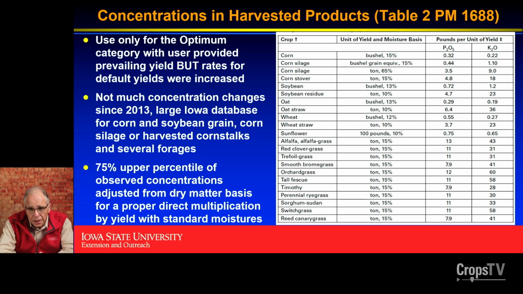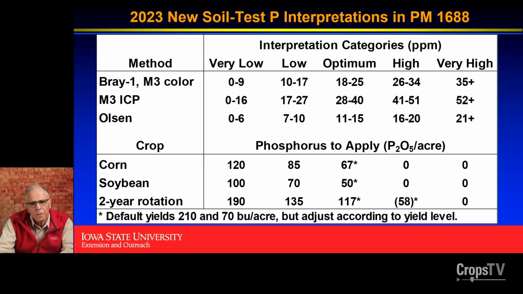And these concentrations have been modified so you can multiply the yield at the standard moisture times this number, so you get it, okay? And these are not average concentrations. These are about the 75th upper percentile of observed concentrations. We want to be sure that we don't have a deficiency there.